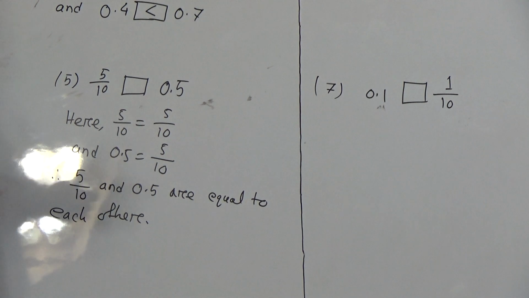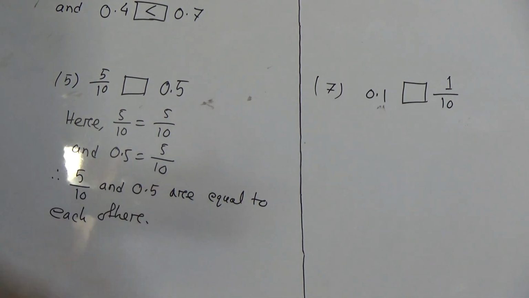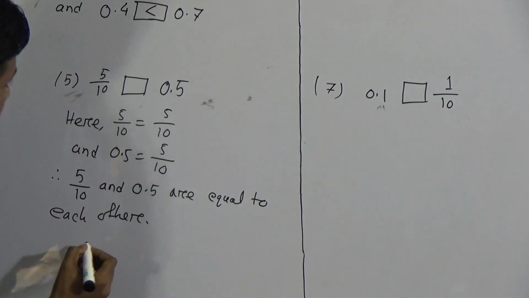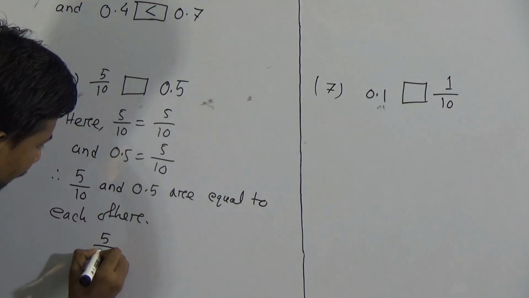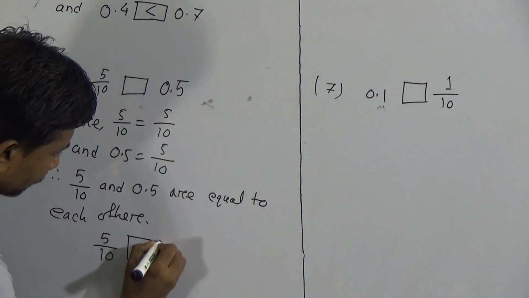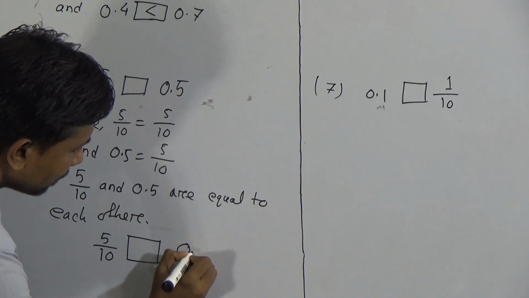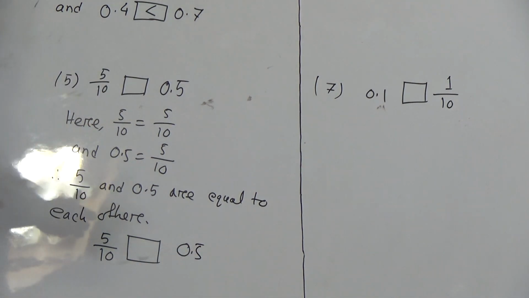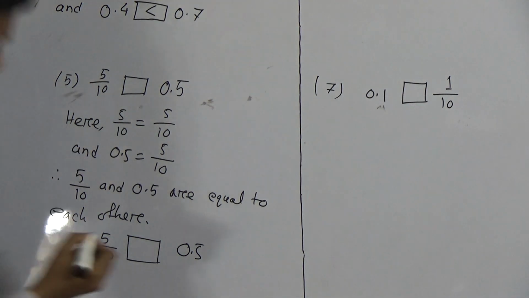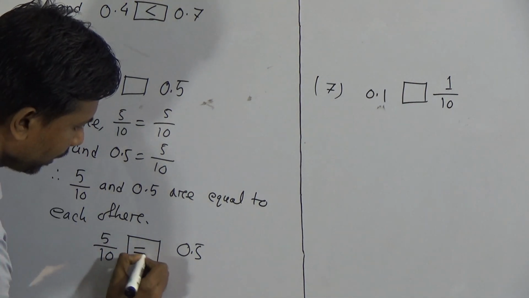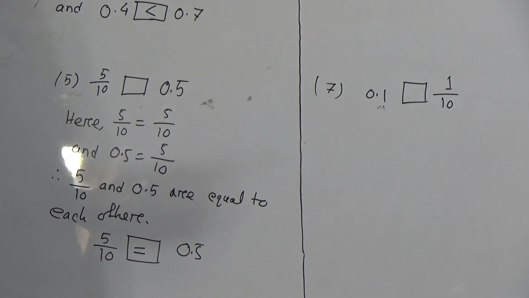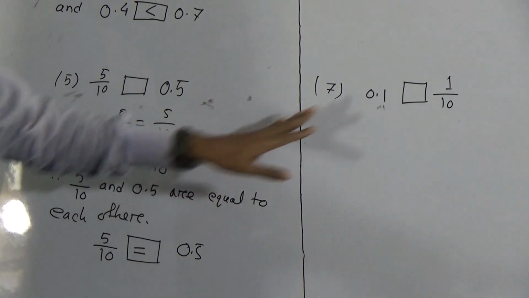Okay, first step done. Then the second step, represent with relation symbol. That means 5 by 10 and 0.5. Student, look, they are equal. So write the equal relational symbol here. Now see question number 7.